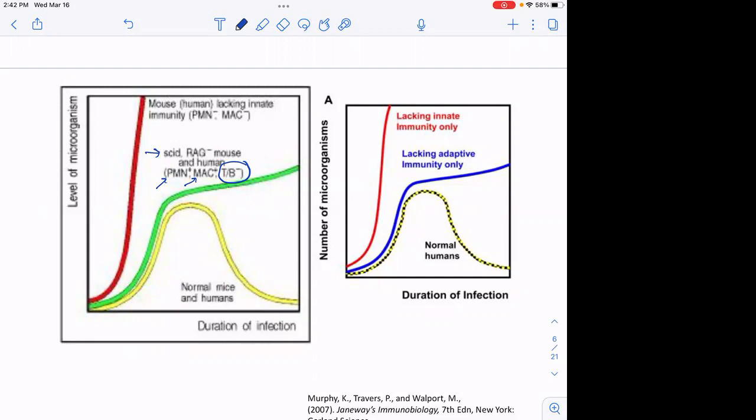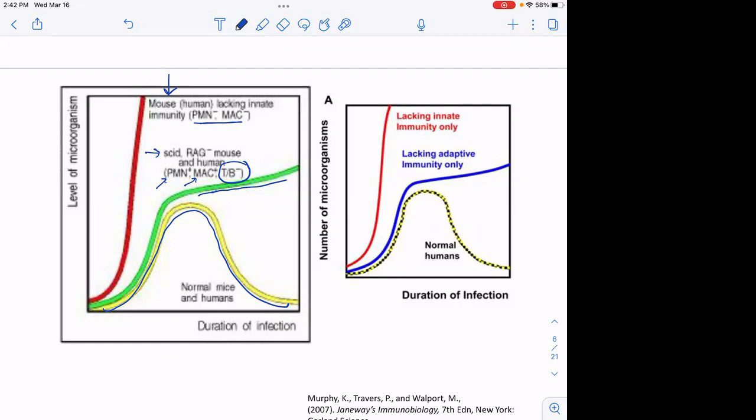And you can see here the normal course of an infection in a normal mouse. You can see that innate immunity can knock that infection back a little bit, but it can't quite get rid of it without the adaptive immunity. Mice that do not have those cells of innate immunity, but do have B cells and T cells, the infection goes unbridled, goes its own way.